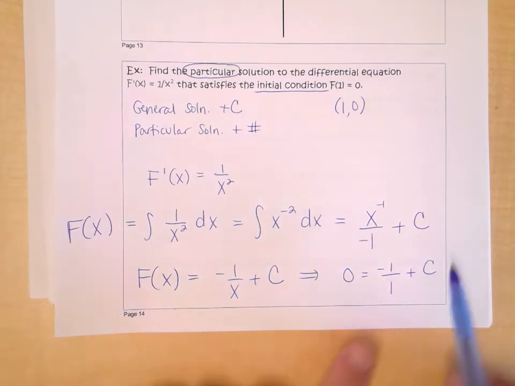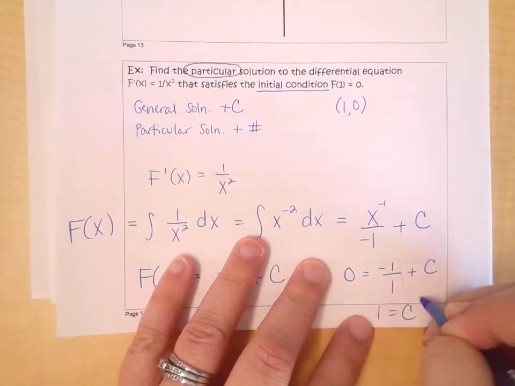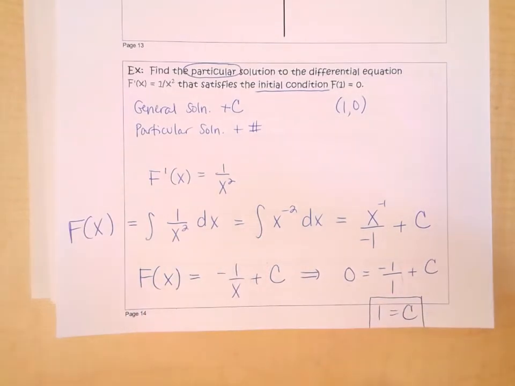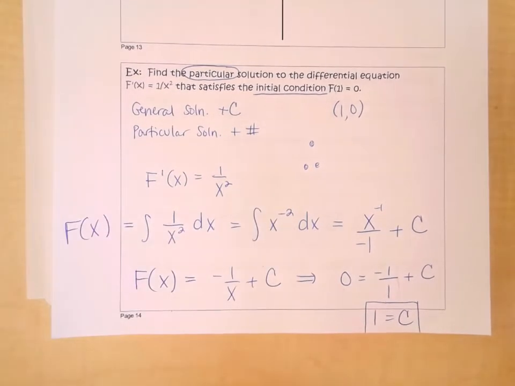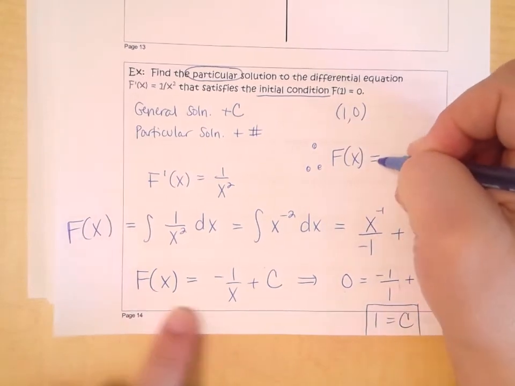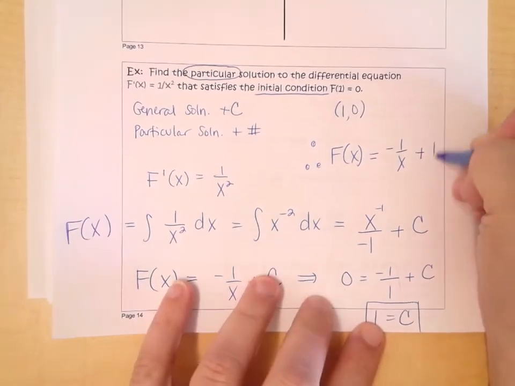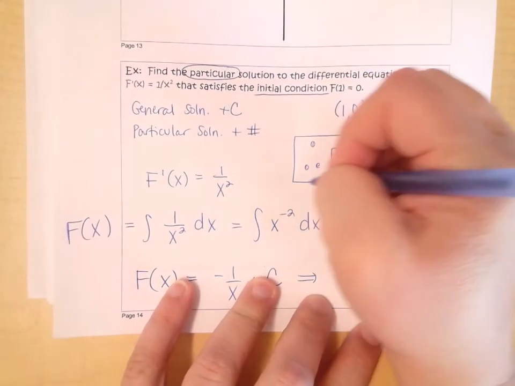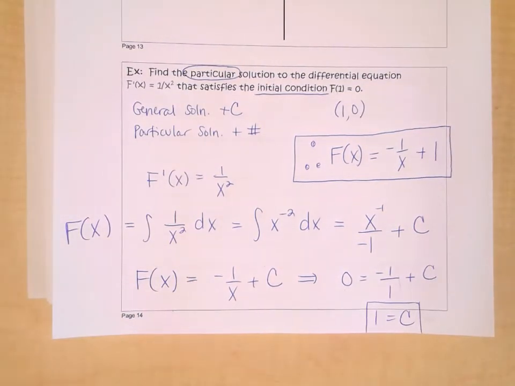One. If I take this negative 1 and move it to the other side, it becomes positive, so c is 1. Here's the final answer. Therefore, my particular solution is negative 1 over x plus 1. There's no plus c in this answer because I know what specific constant needed to be there for this initial condition.